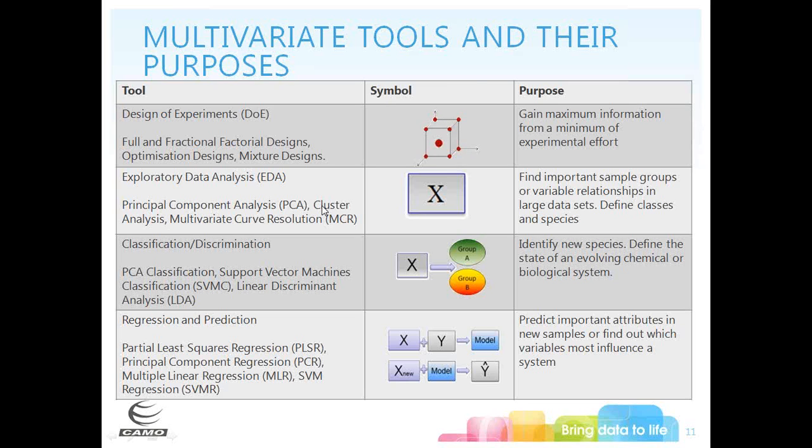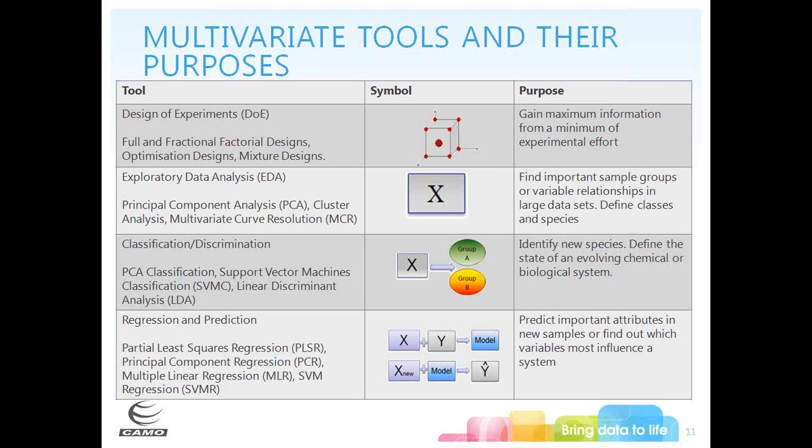We also have exploratory data analysis, which includes the tools of principal component analysis, which I'll demonstrate today, as well as cluster analysis and multivariate curve resolution. These tools help us to see important groupings in our data and the overall patterns in the relationships of our variables to our samples, and can be used to help us define classes or species of materials.